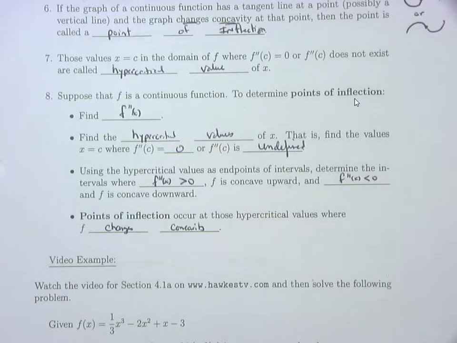So I got to look at my second derivative number line, and I got to go from positive to negative, or from negative to positive. If I got one of those interesting number lines where I go positive, hit a point, and get more positive, it's not officially going to be an inflection point. It's just where you stop changing concavity for a second, but you keep going in a positive direction. You literally got to go from negative to positive or positive to negative. Okay?